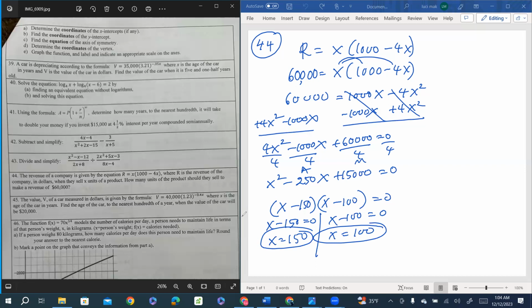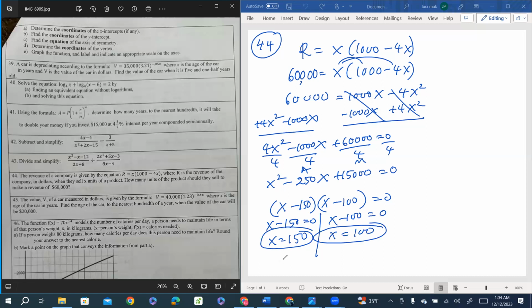Let's read the question. How many units of production should they sell to make a revenue of 60,000? We could substitute and check. Let me see the answer also for 44. 100 units or 150. So both our answers are correct. Interesting, right?